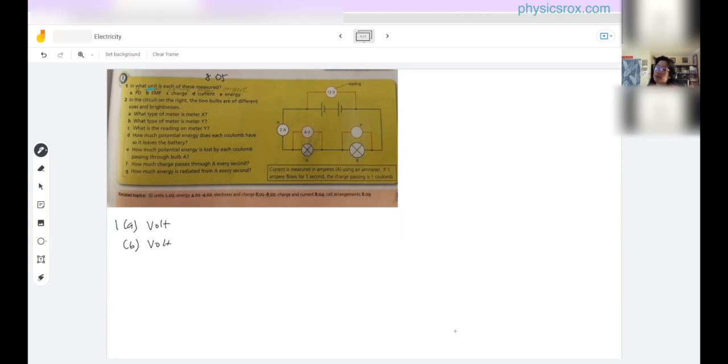Some of you wrote voltage. Voltage is wrong, by the way. If you wrote voltage, I marked it correct because I was looking and almost all were correct, but some are not correct. Let me see.